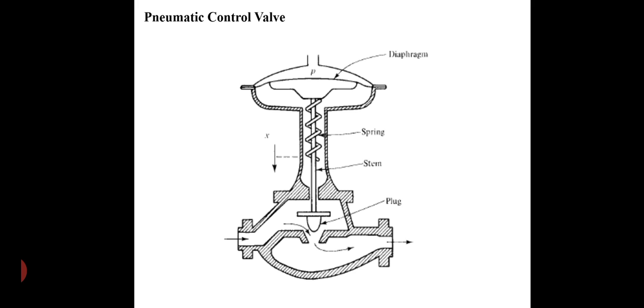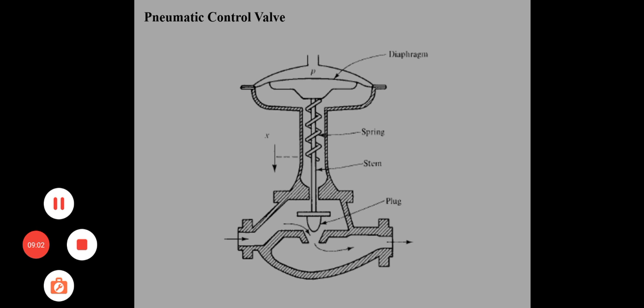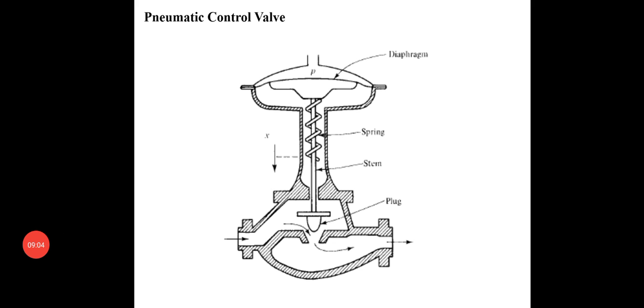This picture belongs to the pneumatic valve, and it is taken from the Stephanopoulos book. You can refer to that book, where the derivation is also given. Now we are going to study how this pneumatic control valve works.